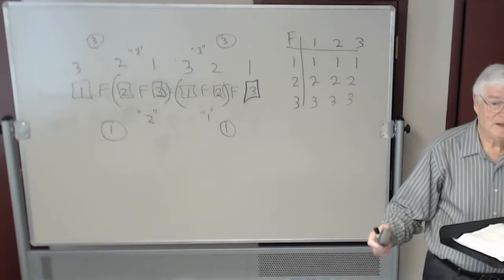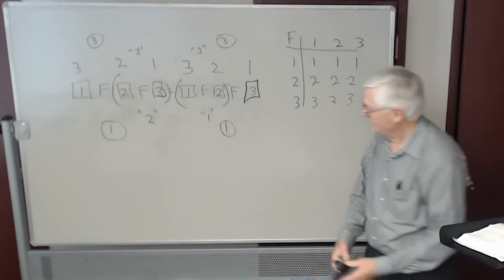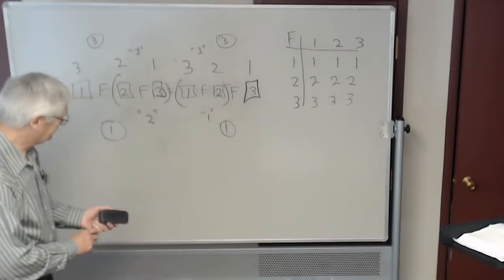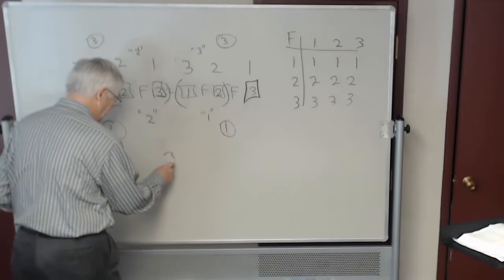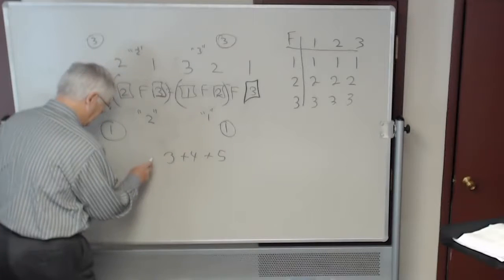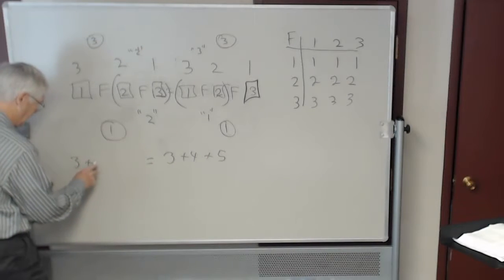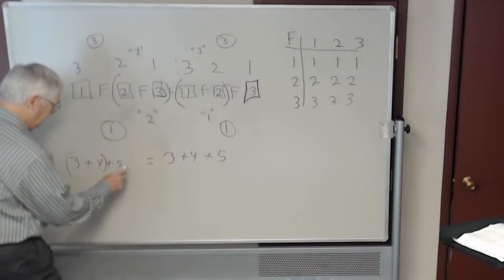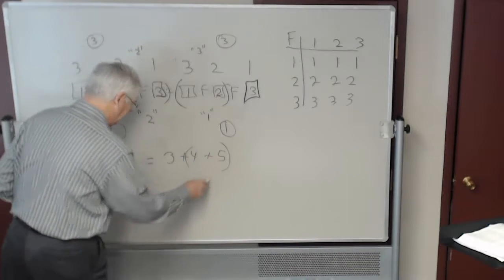Now, when you're actually teaching mathematics to children, here are the implications for this. 3 plus 4 plus 5 equals 3 plus 4 plus 5. This equals this.